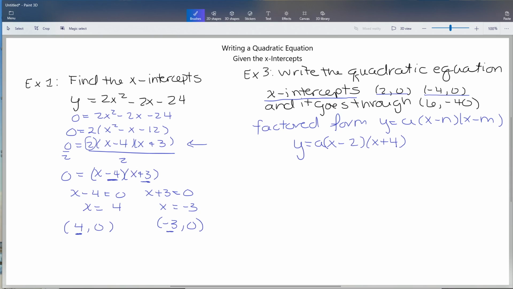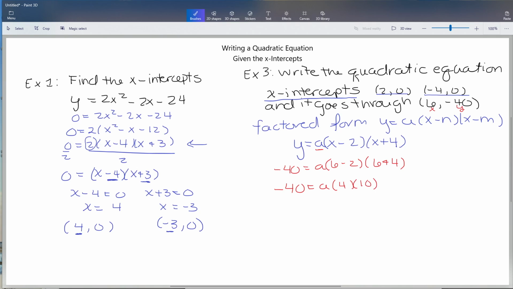Okay. We still need to know what a is, so this is when I'm going to use my second point. So I have x and y, so I have -40 equals a times x, I'm plugging in 6. I'm going to simplify inside of the parentheses. So 6 minus 2 is 4. 6 plus 4 is 10.